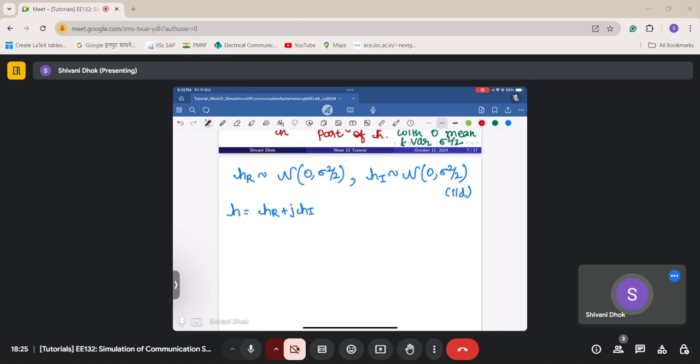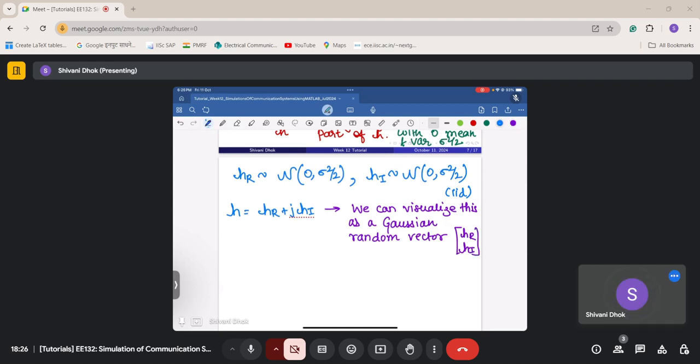We can treat this complex Gaussian random variable like a random vector, so we can visualize this as a Gaussian random vector, which is your HR and HI.